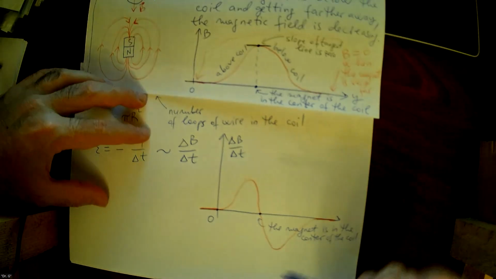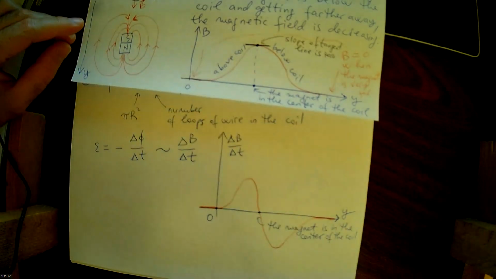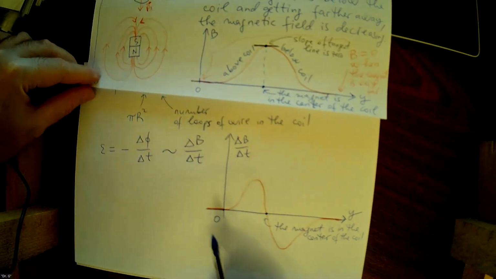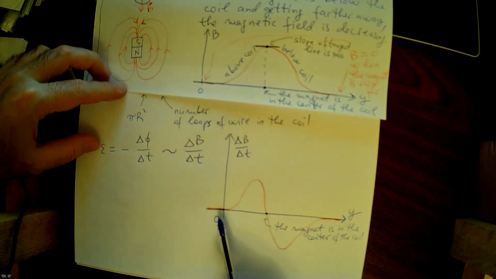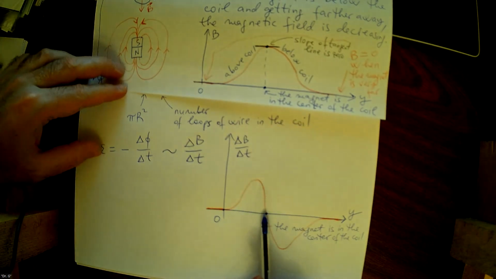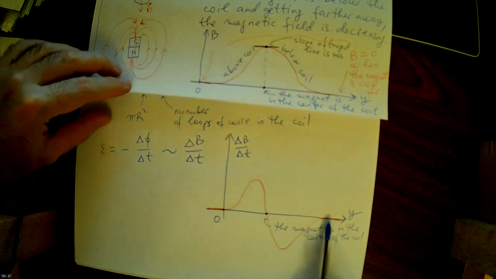Okay, and this is the graph, of course, as a function of Y. Well, that's the reason why the induced voltage has a positive peak and then a negative trough.